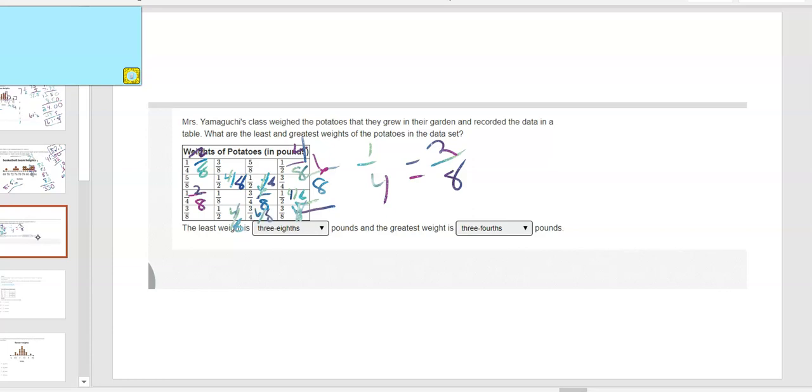So the least weight that you have is going to be 2/8, I believe is the smallest. And the greatest weight is going to be 3/4, would be right. I think you just missed this part. Maybe you didn't change them all to 8s.